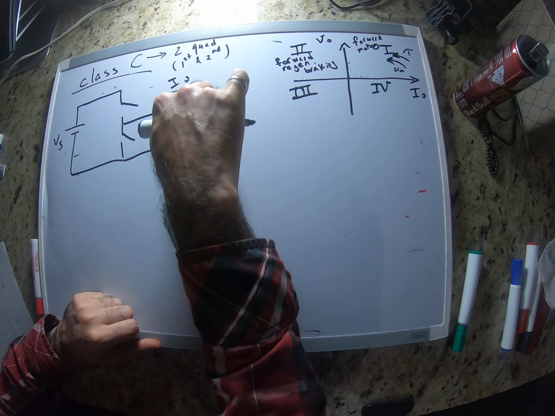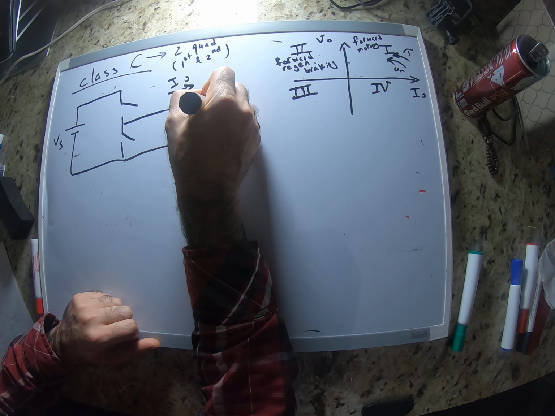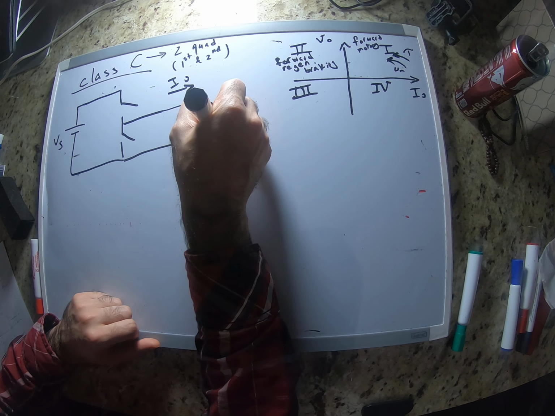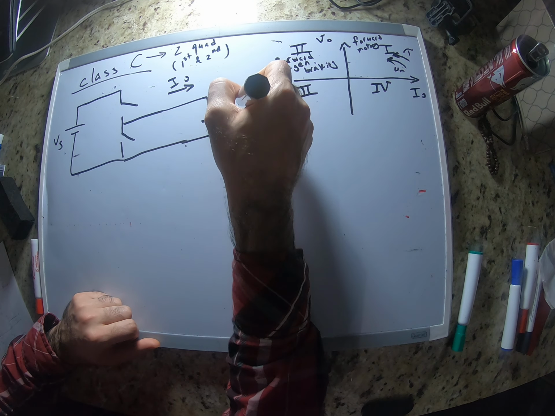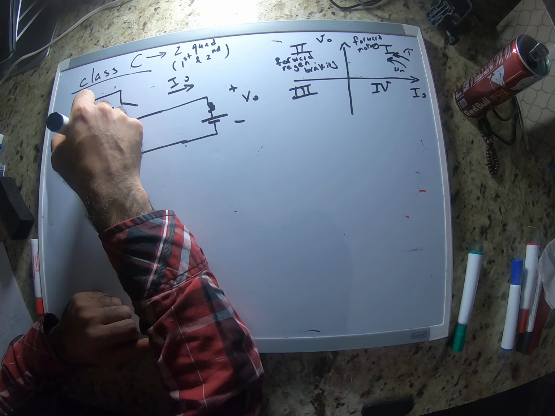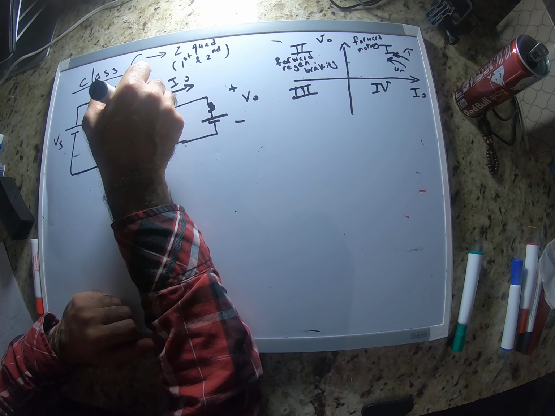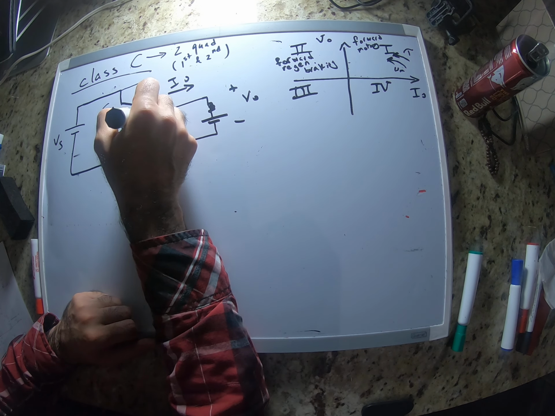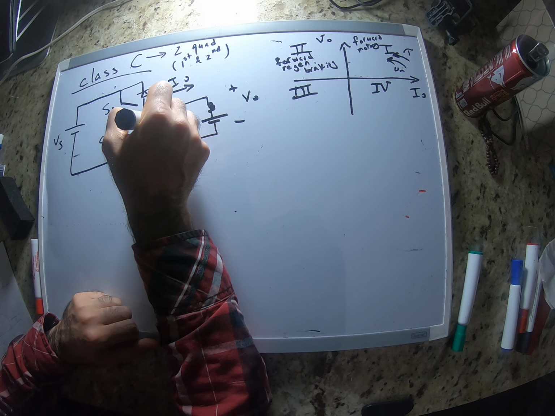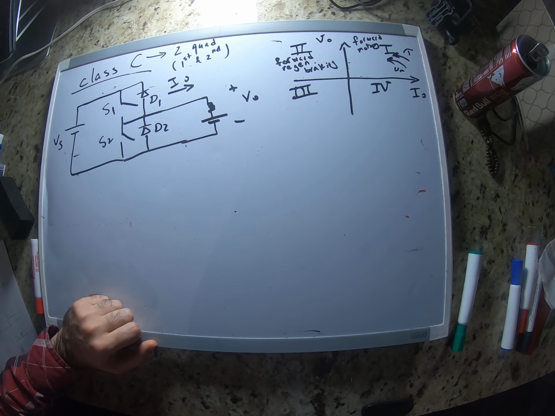Actually, I should do it the same way that I did before, so let's just do it like this. Let's call this one S1, this one S2, this is D1, and this is D2. So we have two switches and two diodes.